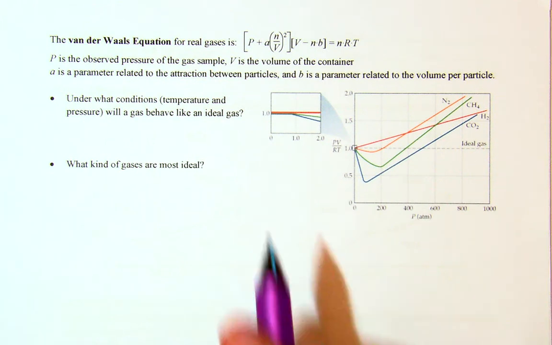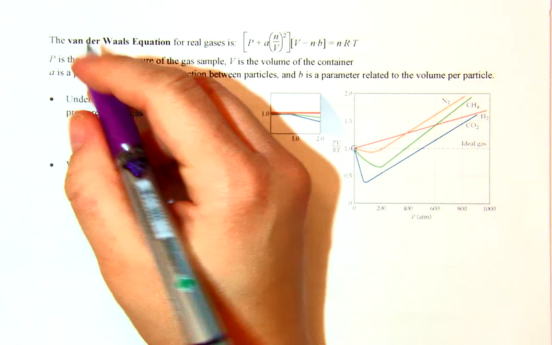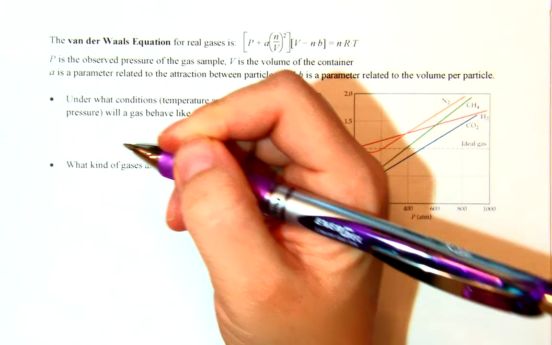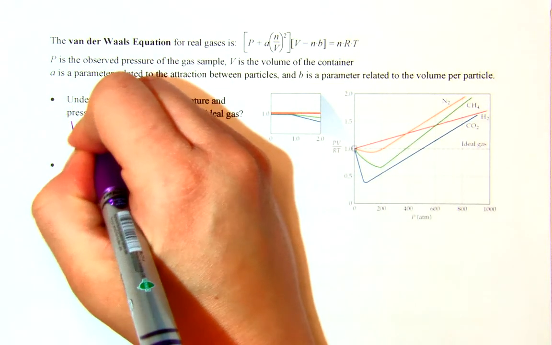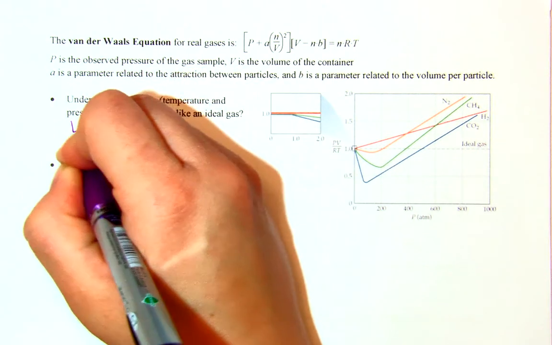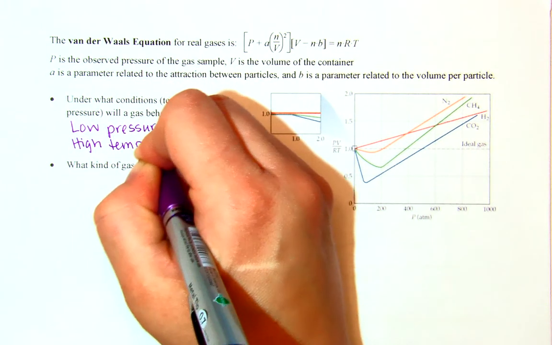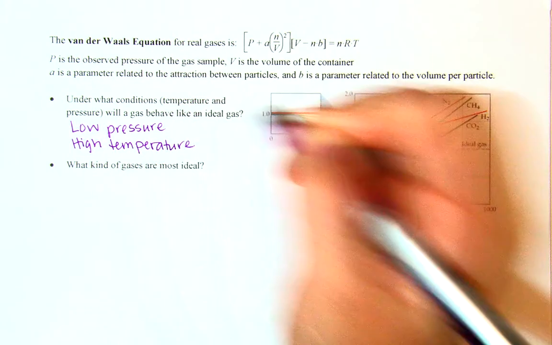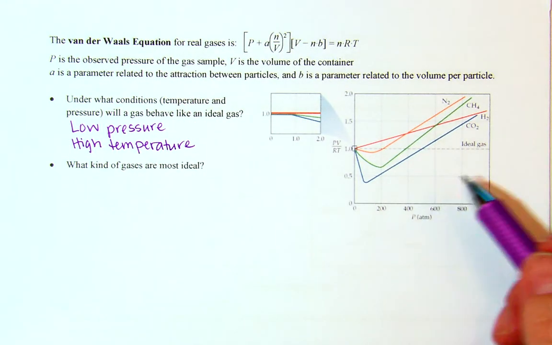Alright, so according to the graph, when you have conditions of pressure that are low and temperatures that are high, your gases are going to behave more ideally. So low pressure and high temperature. And what kinds of gases are the most ideal? Well, the smaller ones are more ideal.